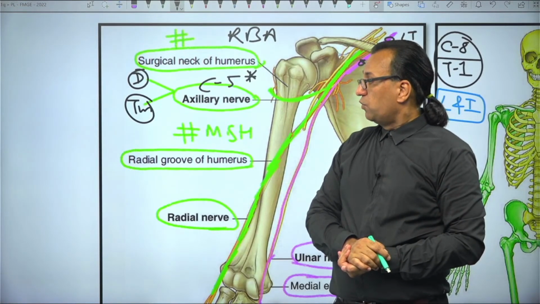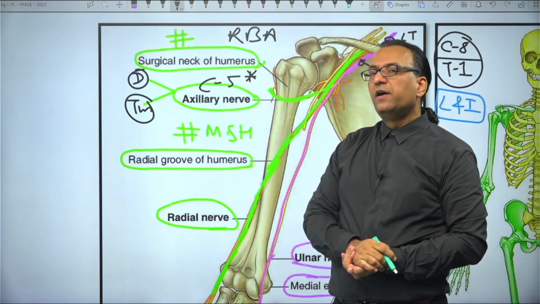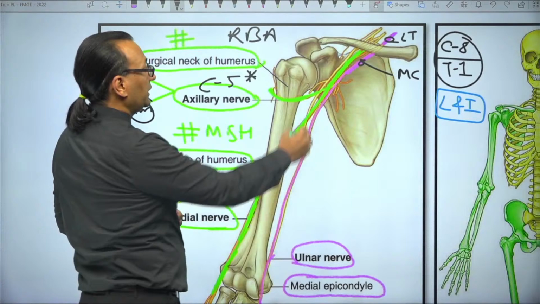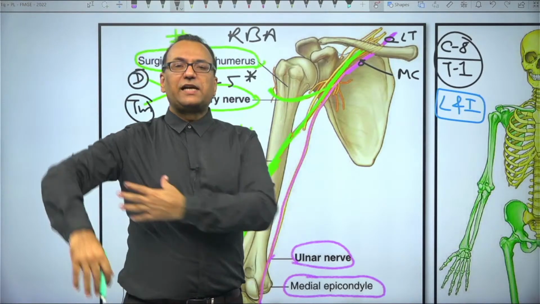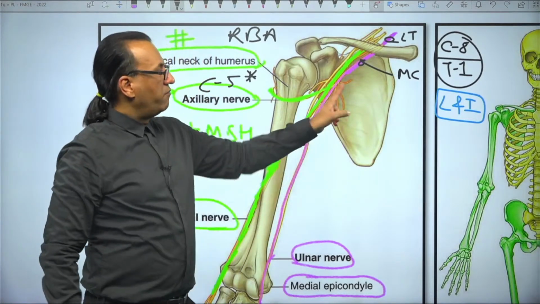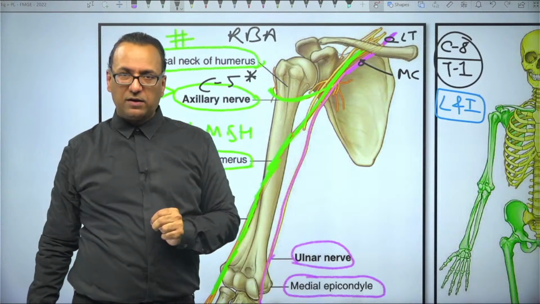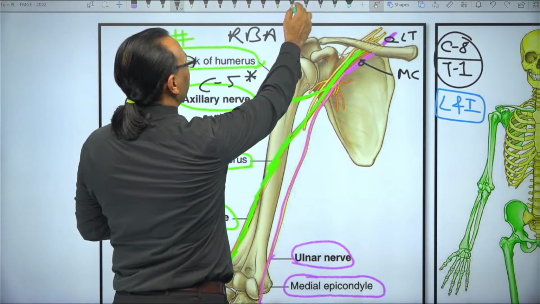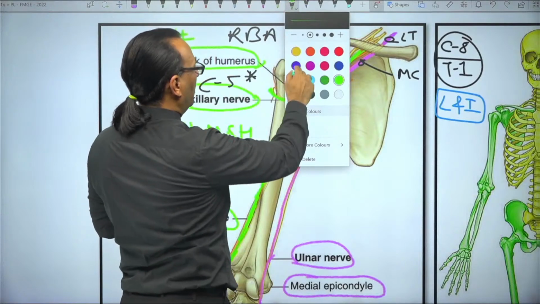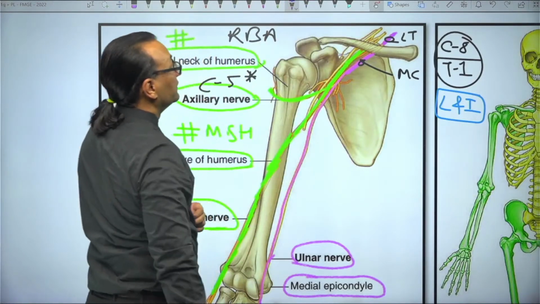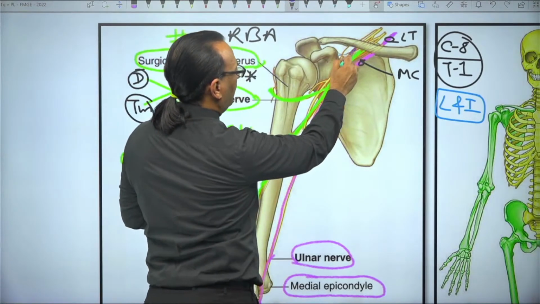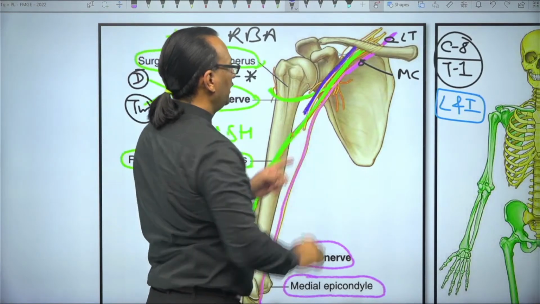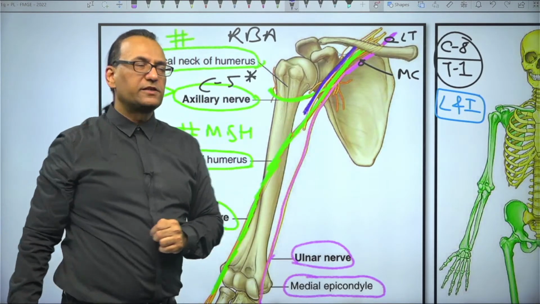Okay, what about the median nerve? If you want to focus on it, you will find that in the axilla there are three cords: medial, posterior and lateral. Let us look at the lateral cord. This is the lateral cord of the brachial plexus, which continues as the musculocutaneous nerve.